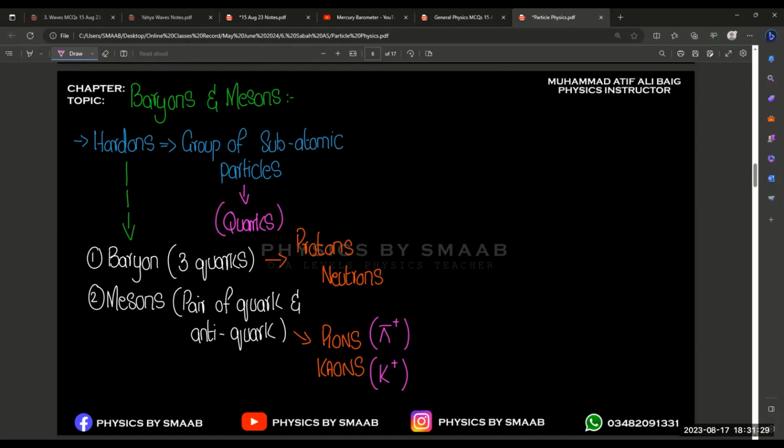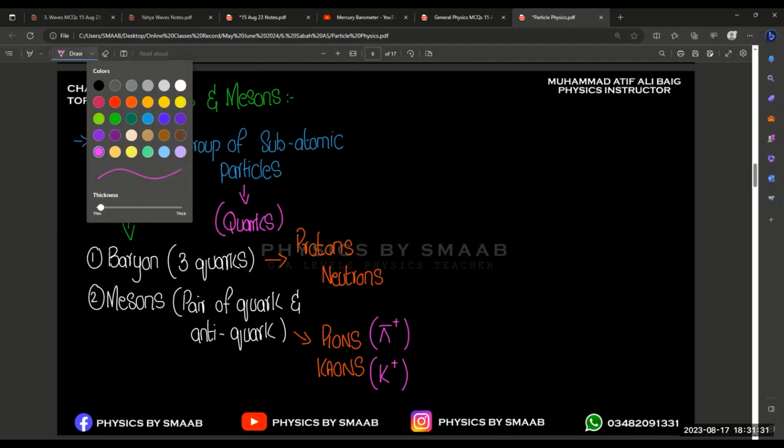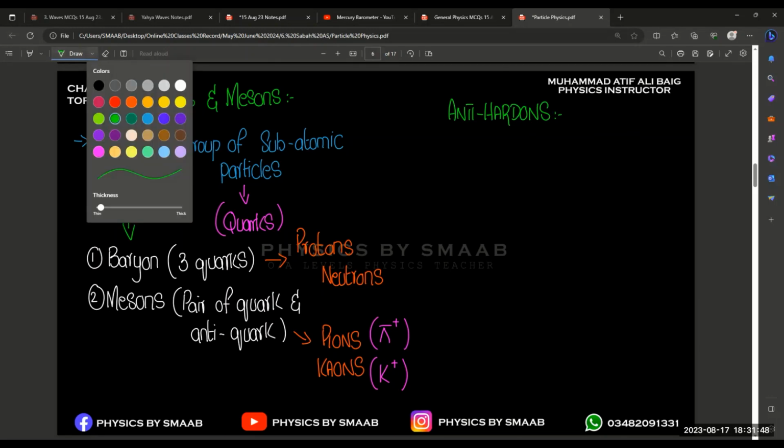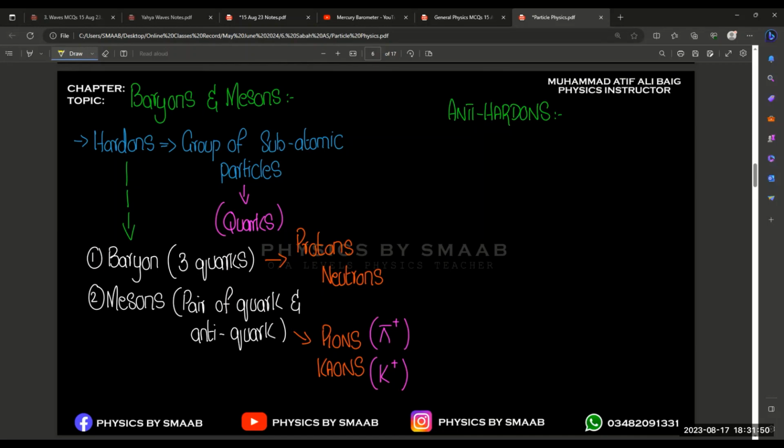So if we talk about one more category related to the quarks, that will be anti-hadrons. In anti-hadrons, we have again the same categories with the word anti: anti-baryon and anti-mesons.